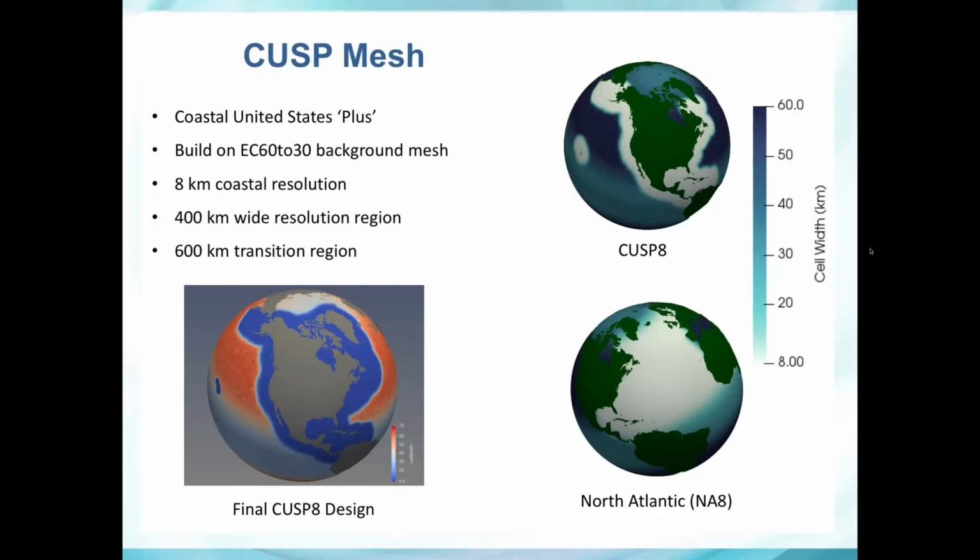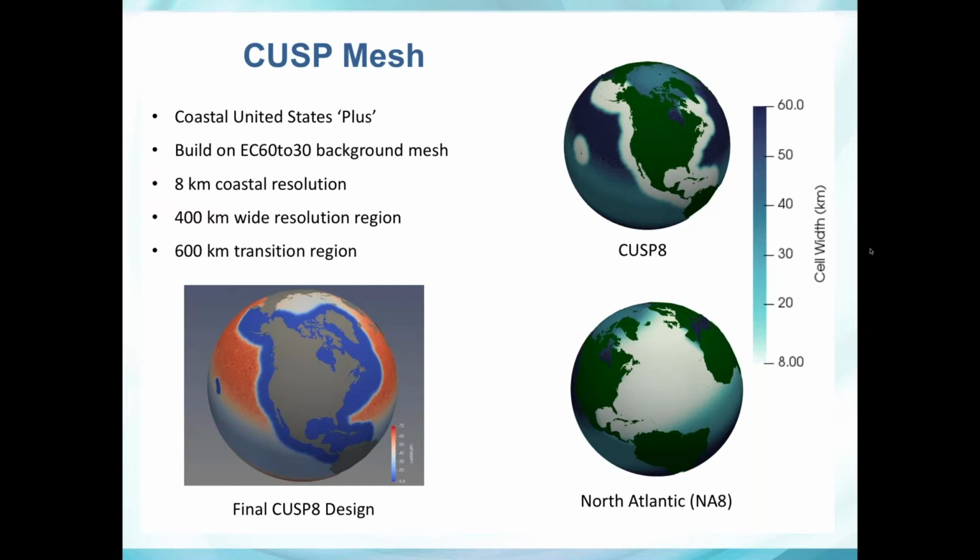So for this study, we used what we're calling the CUSP Mesh, Coastal US Plus. And you can see the version that I used for this study in the upper right corner. And it has 8-kilometer coastal resolution along the North American coast, a 400-kilometer wide resolution region, and a 600-kilometer wide transition region. And it's built on an EC6030 mesh as the background.